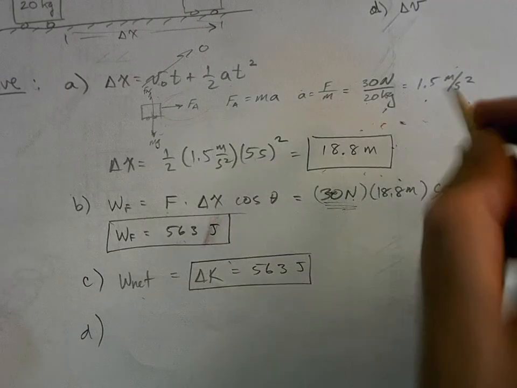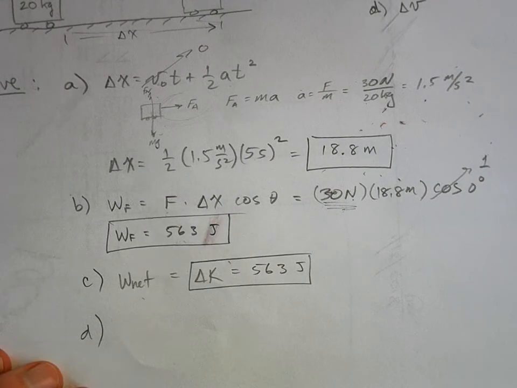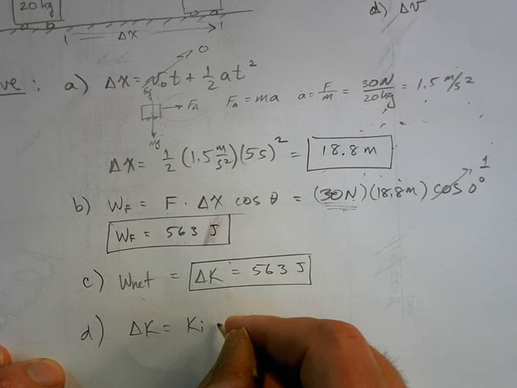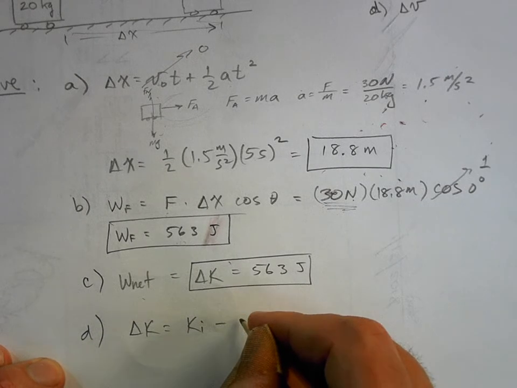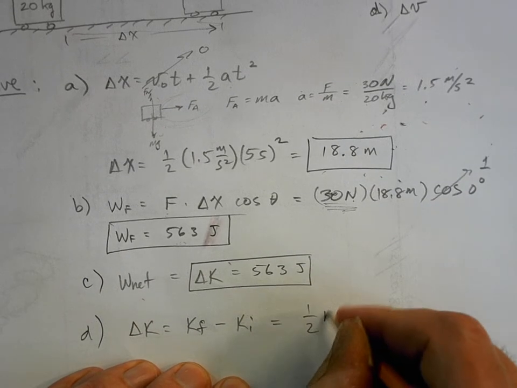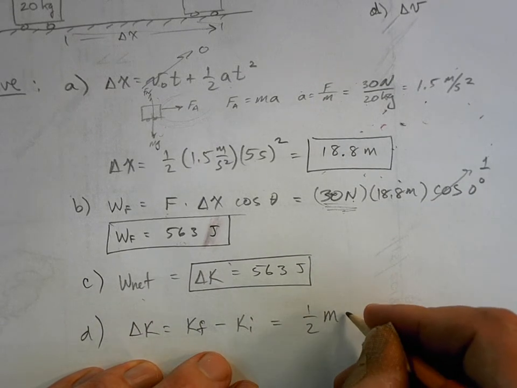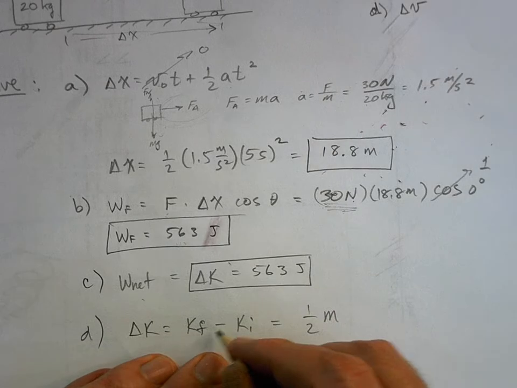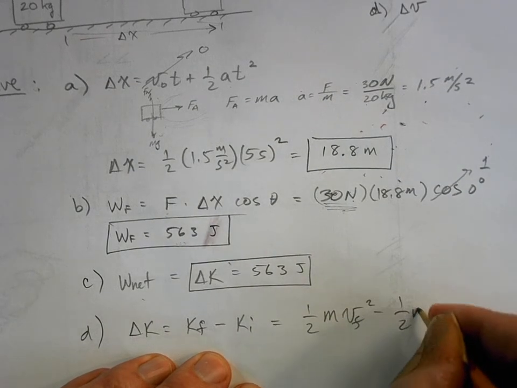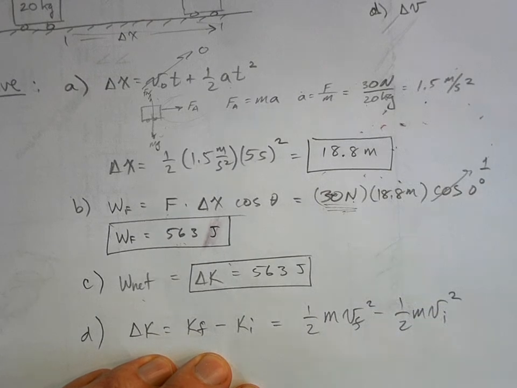What's the change in velocity? Well, the change in kinetic energy is equal to K final minus K initial, which is 1/2 m v final squared minus 1/2 m v initial squared.